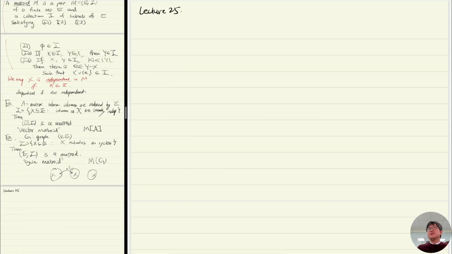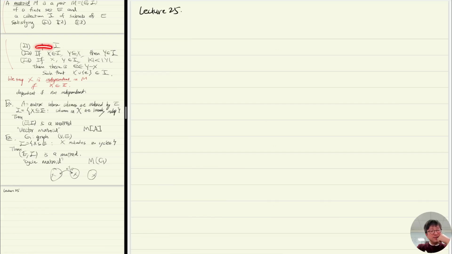All right, so in the previous lecture we defined the matroid as a set system satisfying three axioms. You have a finite set E and a set I of subsets of E satisfying these three axioms.